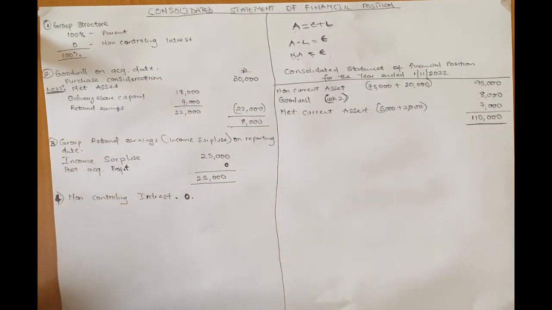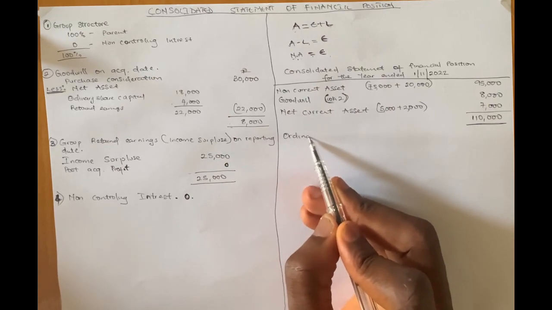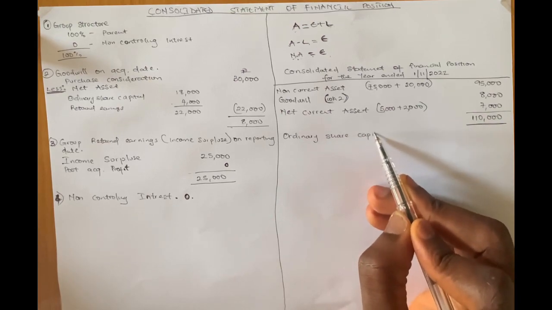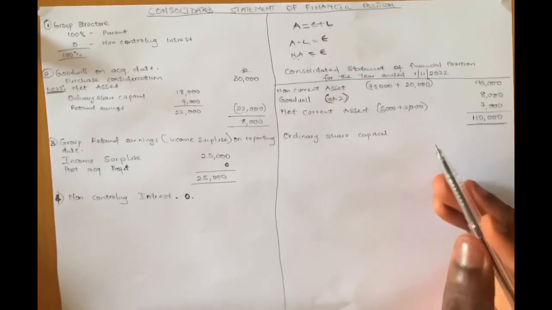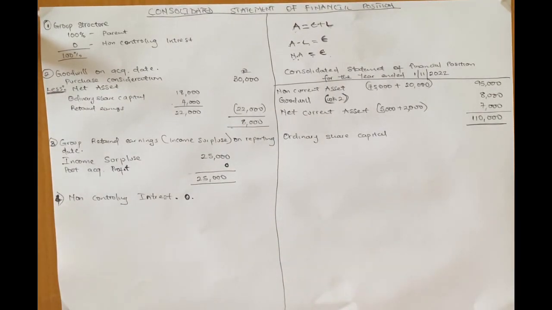So the first value is our ordinary share capital. Our ordinary share capital is 85,000 and 18,000. But let's take note of this. When calculating our goodwill, we used the investment in S, which is 30,000, over our net assets, which is 18,000 and 4,000.